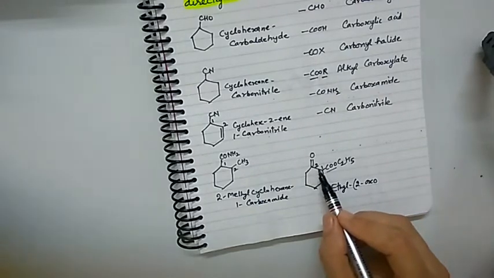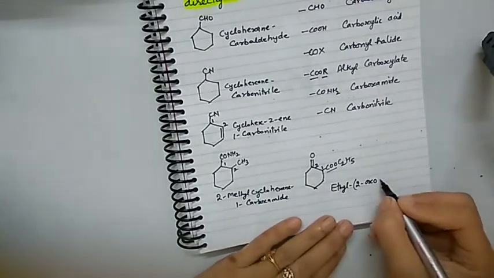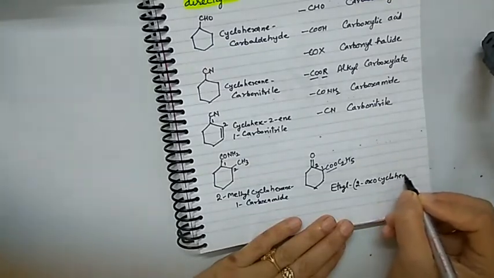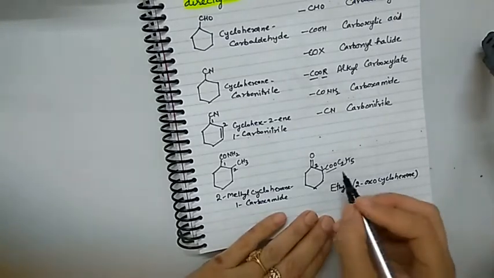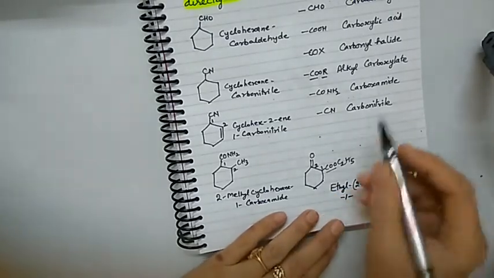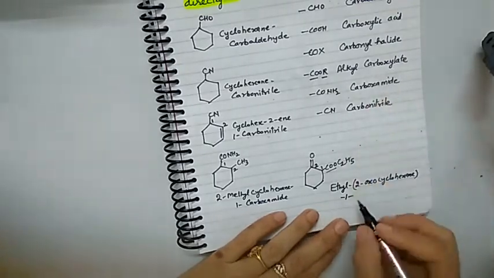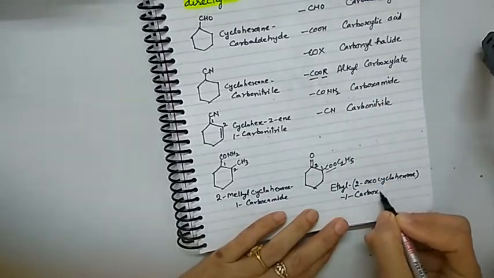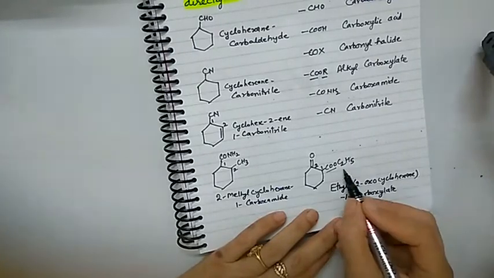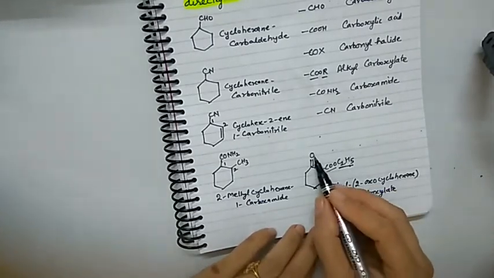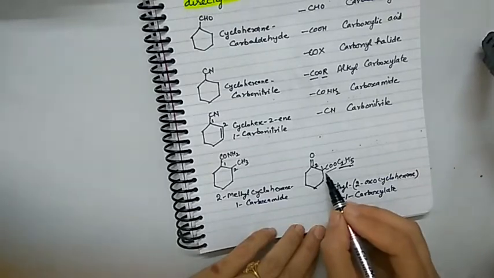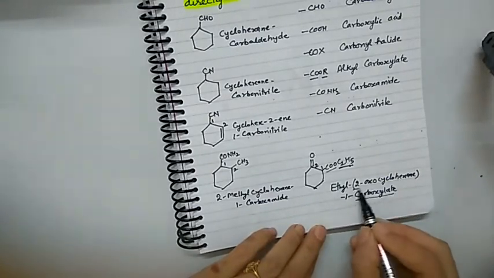Ethyl 2-oxo cyclohexane 1 carboxylate. Name starts with ethyl. Ethyl 2-oxocyclohexane 1-carboxylate. So these are the few examples in which the functional group containing carbon is directly attached to the ring.